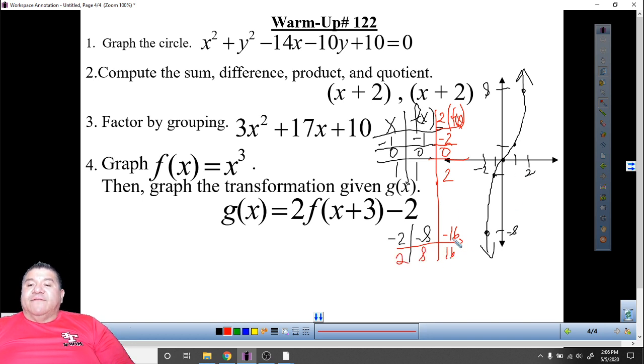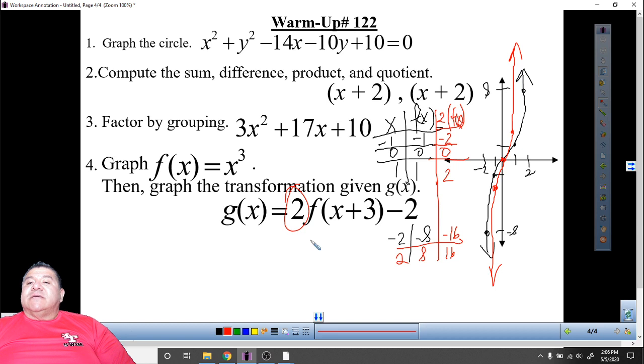So I'm not going to graph these two, but I'm going to graph these. So 0, 0, there it is. Negative 1, negative 2, and 1, 2. So my f of x, without the shifting yet, there it is. What did it do? It stretched vertically because of this 2.